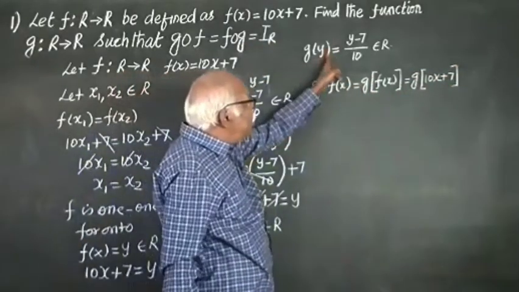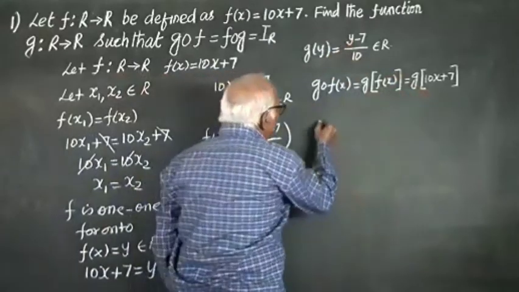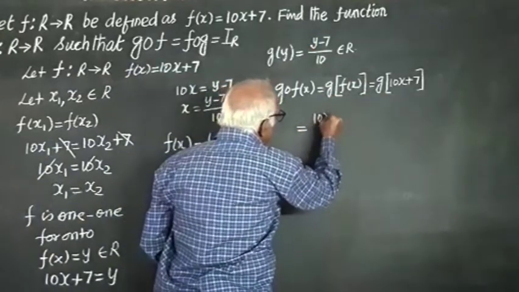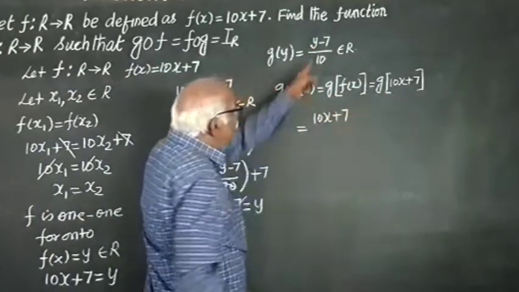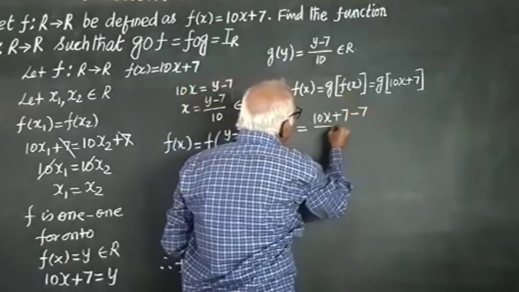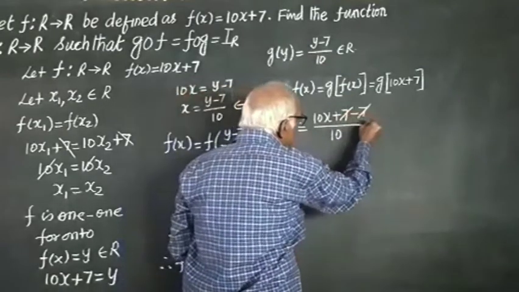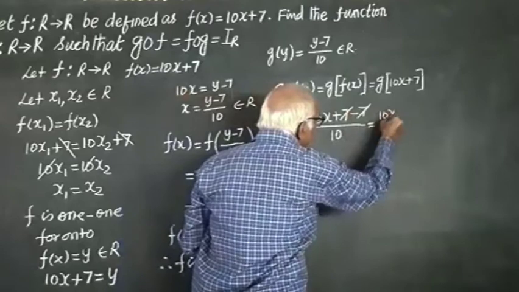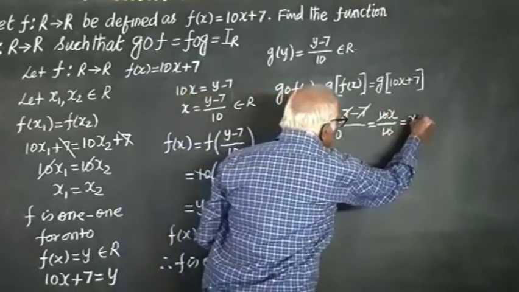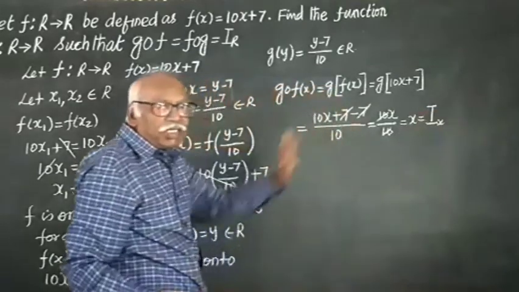In g(y), in place of y, we replace 10x + 7, which gives (10x + 7 - 7)/10. Now plus 7 and minus 7 cancel, leaving 10x/10. The 10 cancels, which equals x, that is I_x. So g∘f is I_R.